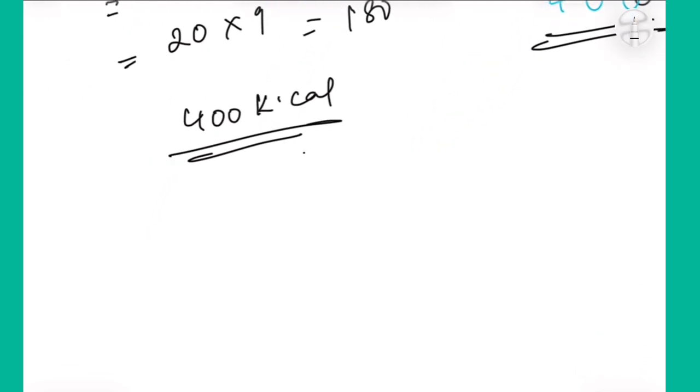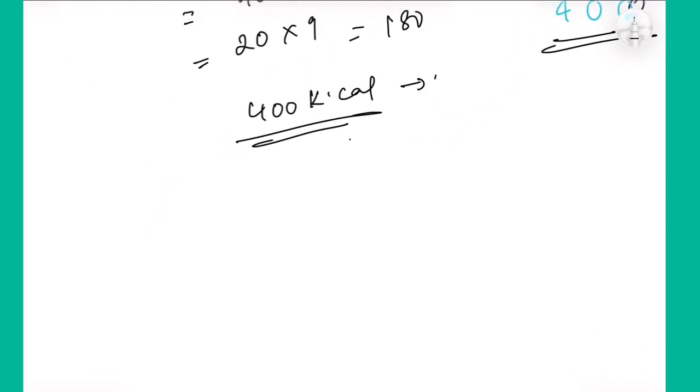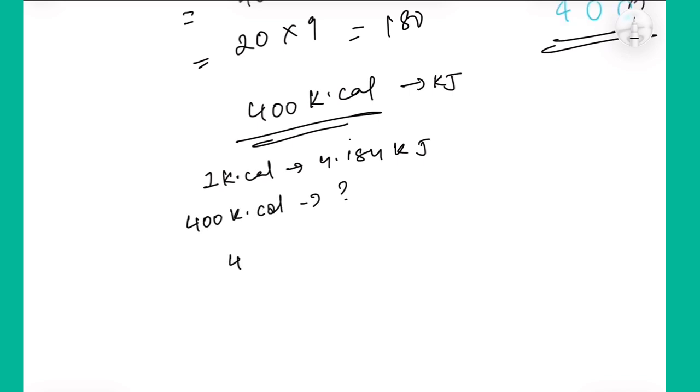Now they might ask you to convert into kJ. Then what you need to do? 1 kcal is equal to 4.184 kJ. So 400 kcal is how much? Then 400 into 4.184, which is nearly 1600 kJ. Done? Okay. We'll just get the precise value here.